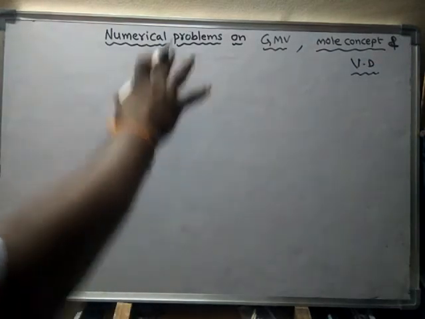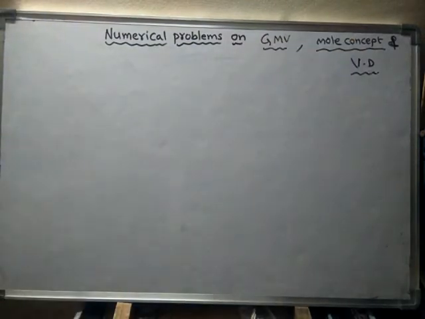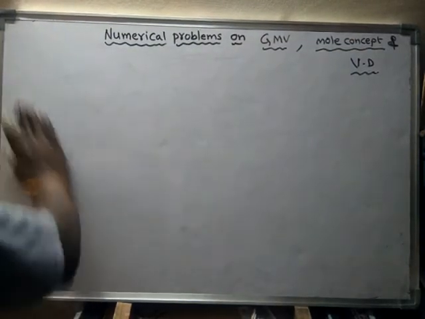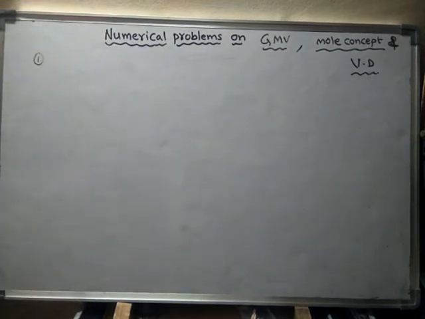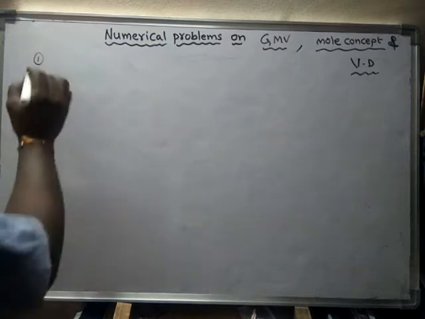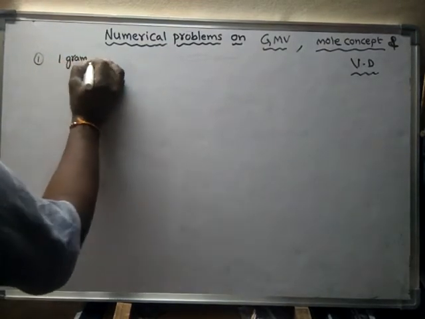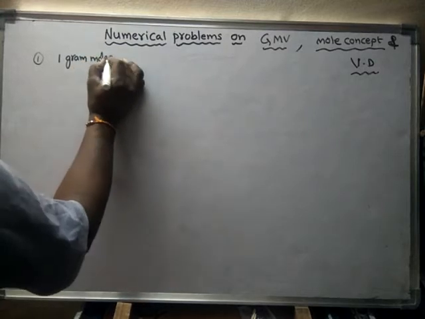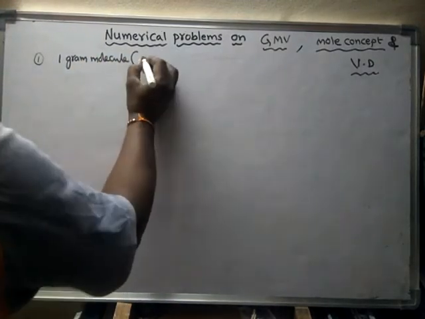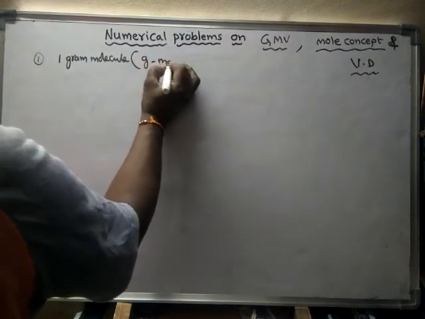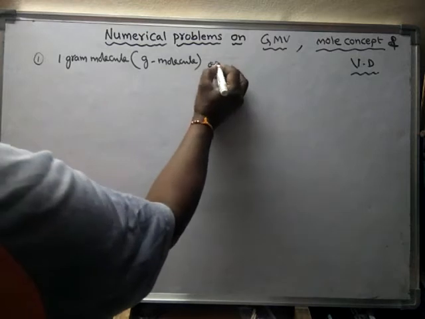See, before solving problems based on these concepts, we first have to recall certain things. The first thing is, 1 gram molecule of any gas. Generally we will write gram molecule like this. 1 gram molecule of any gas.